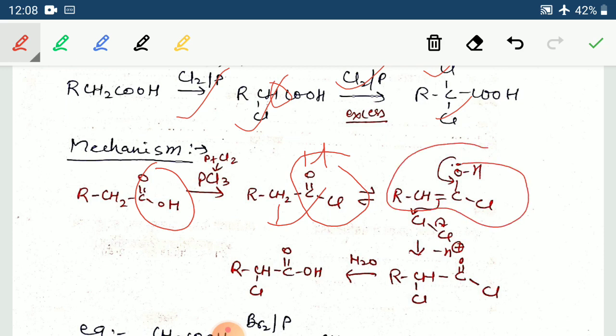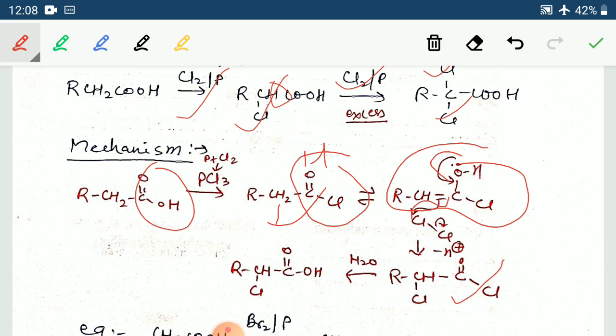This enol is the source of nucleophile which can react with an electrophile. Here Cl2 behaves as the electrophile. So again the double bond will be restored, and this double bond will attack the chlorine and one chloride ion will be removed. So this will be formed.